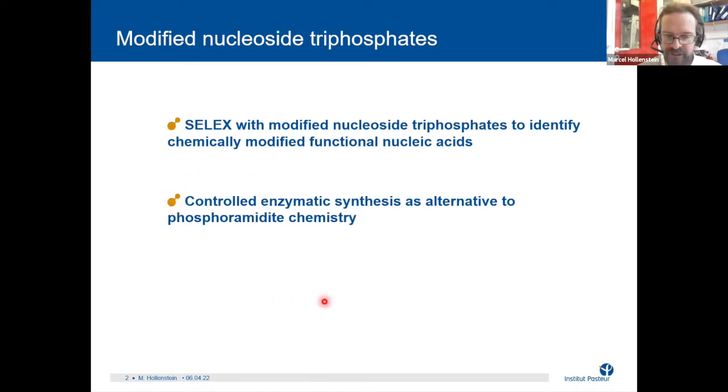We have also started to use these modified nucleoside triphosphates in controlled enzymatic synthesis, which we hope to develop as a valid alternative to phosphoramidite chemistry for the synthesis of DNA and modified oligonucleotides.